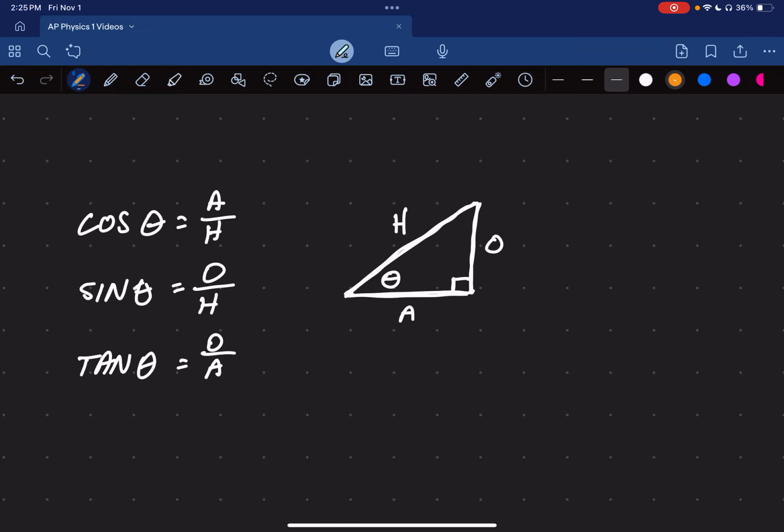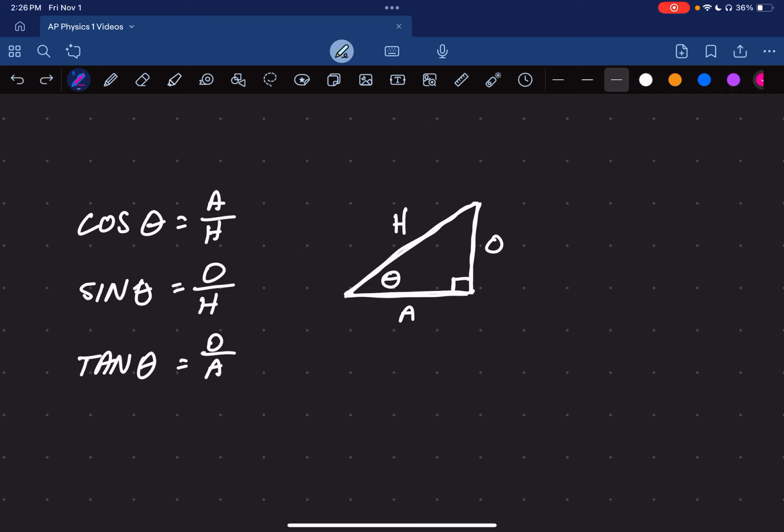Real quick review of trigonometry. We have cosine of theta. You might remember SOHCAHTOA. It's supposed to help you remember your trig formulas. But here's our triangle, right triangle. Here's angle theta.